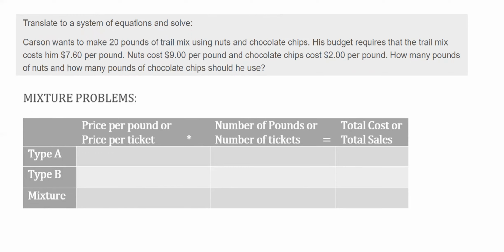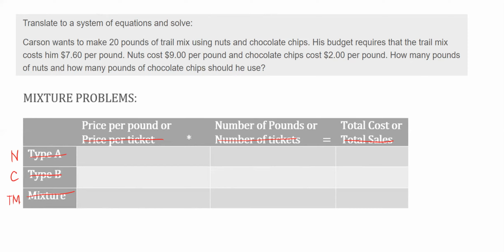Okay. So this is a pound problem, so I remove all the ticket-related items here. What are the two things he's mixing to make the new trail mix? So he is mixing nuts, N for nuts, and chocolate chips, C, to get trail mix, right?